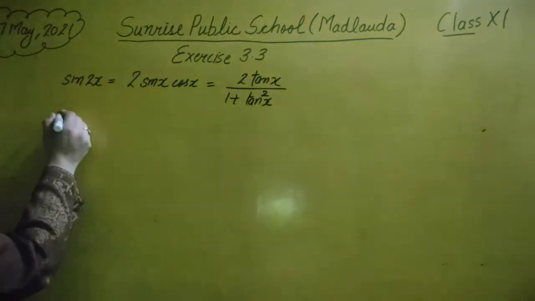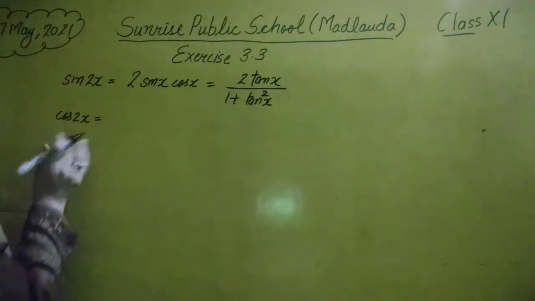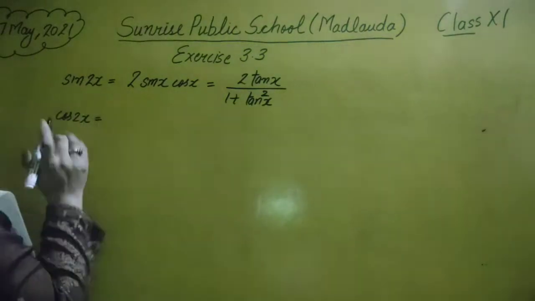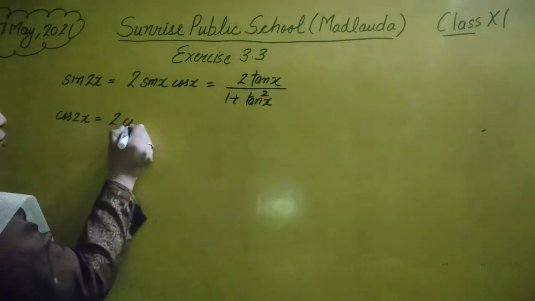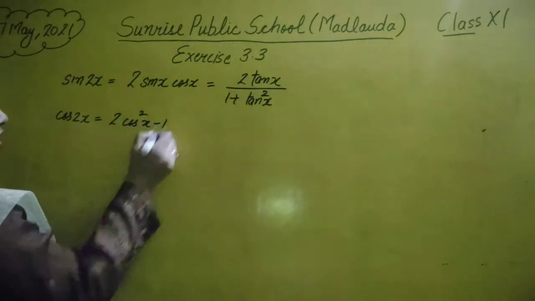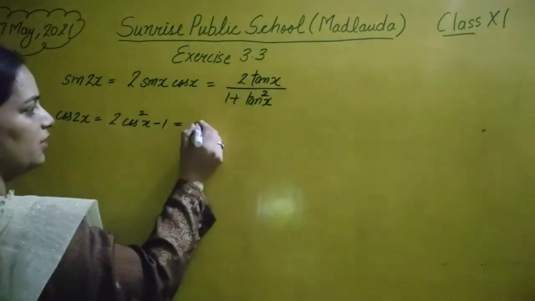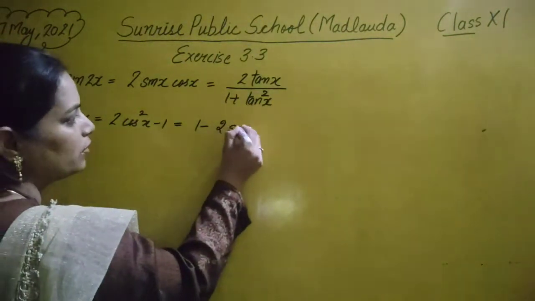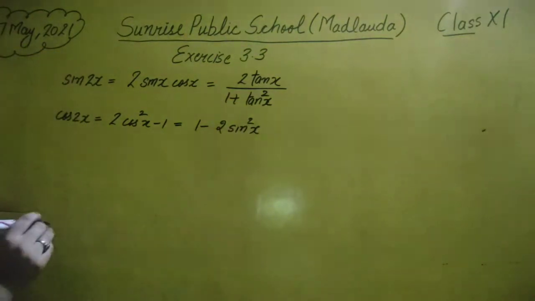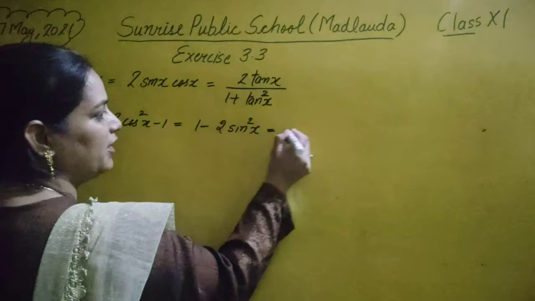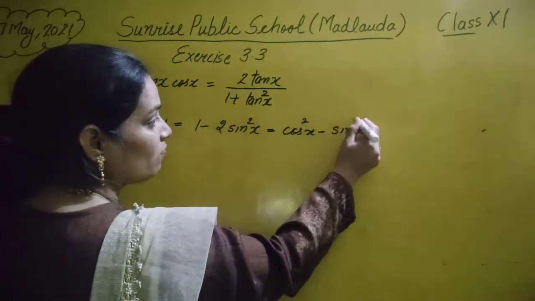Now the identity of cos 2x will be, means cos 2x को आप in which form कैसे write करेंगे? You will write it as 2 cos square x minus 1. In terms of sin, 1 minus 2 sin square x. In terms of cos and sin both, we can write it as cos square x minus sin square x.